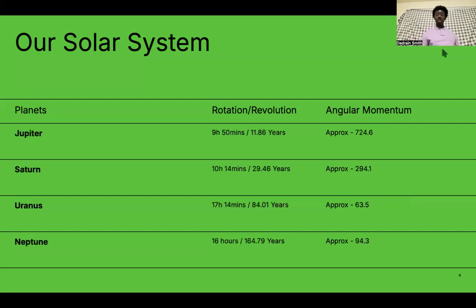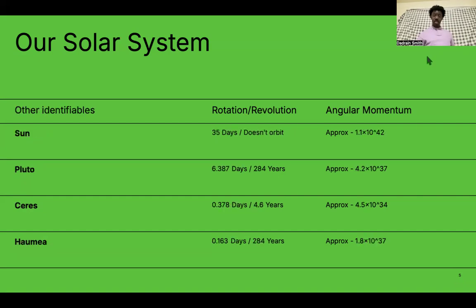For example, Jupiter has a 9-hour and 50-minute rotation on its axis, but unlike everybody else who took days to revolve around the sun, this one takes 11.86 years to get around the sun, with an angular momentum of 724.6.